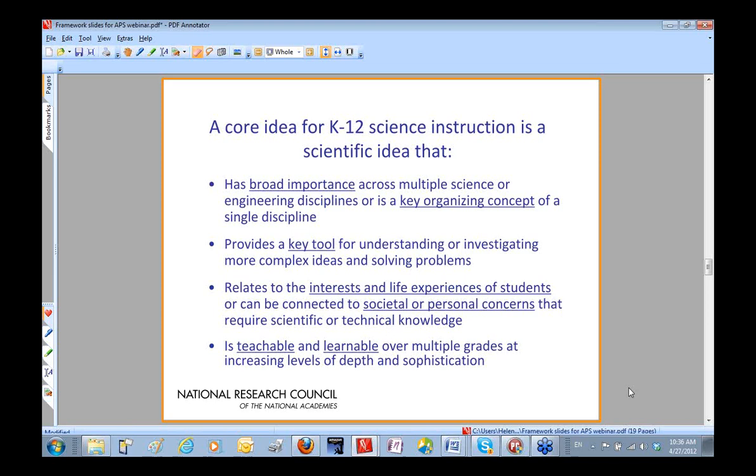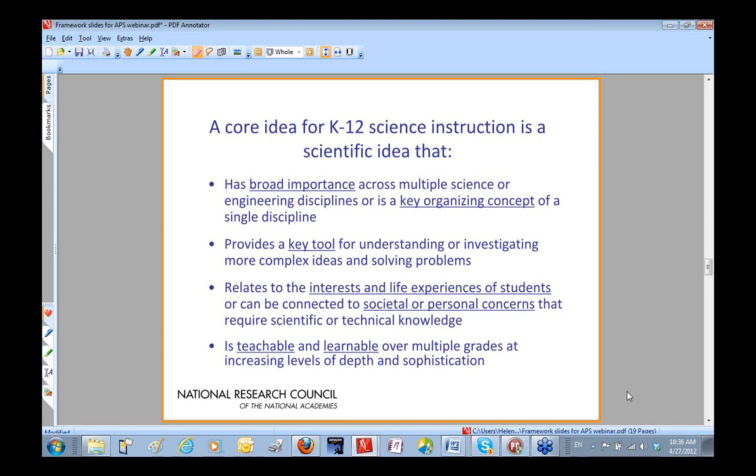And finally, the last criterion is really to say core ideas are things that are big enough that they really develop across multiple years of education at increasing levels of depth and sophistication. So that was our attempt to guide our thinking as to how to choose and organize core ideas.